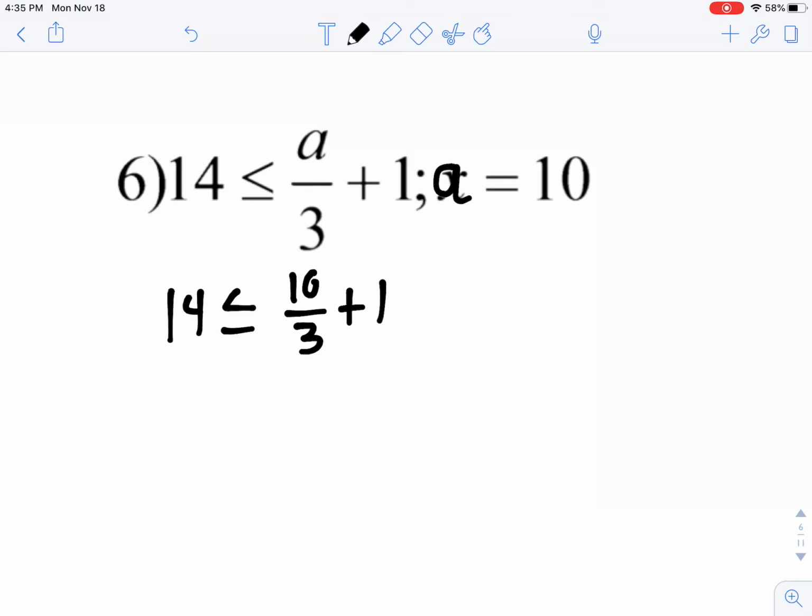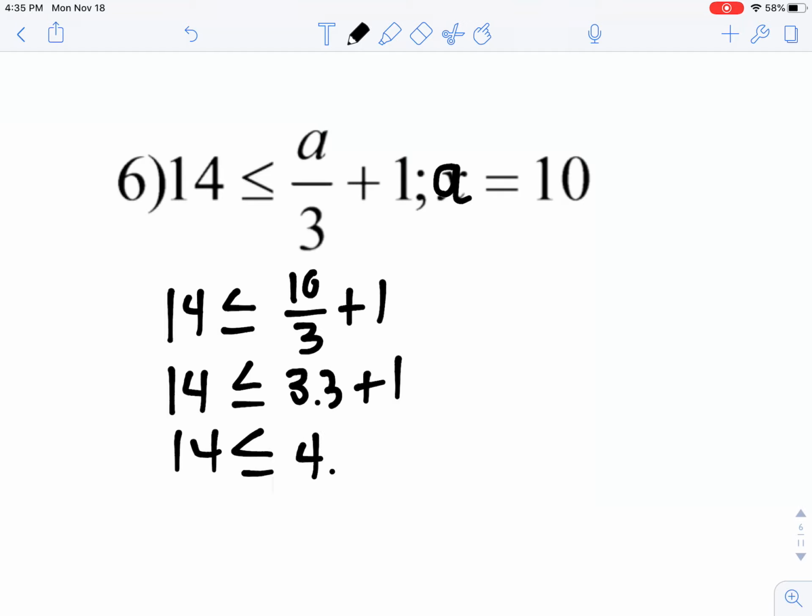What I want to do is, I know 10 over 3 is going to give me about 3.3 plus 1, and 14 is less than or equal to. So I get 14 is less than or equal to 4.3. Well, 14 is greater than 4.3, so that is false.